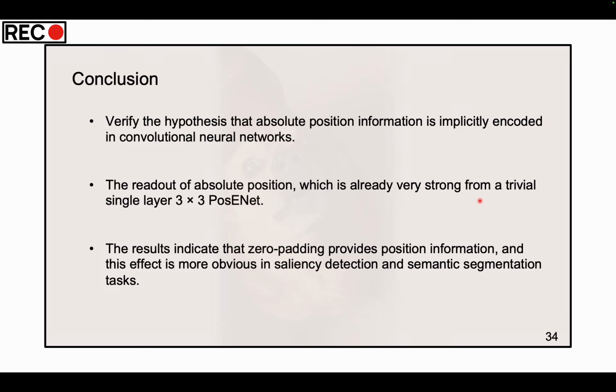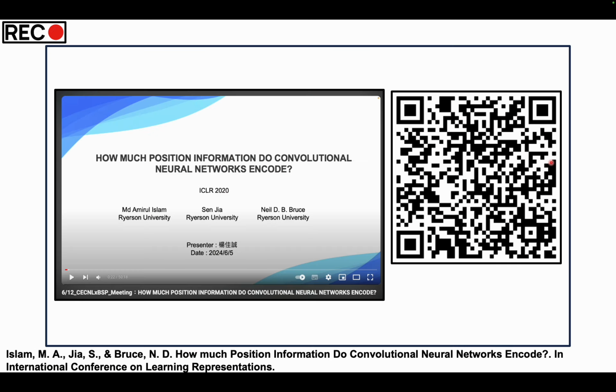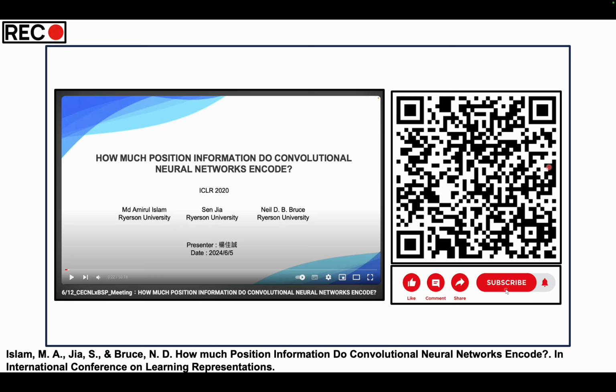And last but not least, the result indicates that zero padding provides position information, and this effect is more obvious in saliency detection and semantic segmentation tasks. And if you really forgot the content I presented last time, here is the recorded video for you.